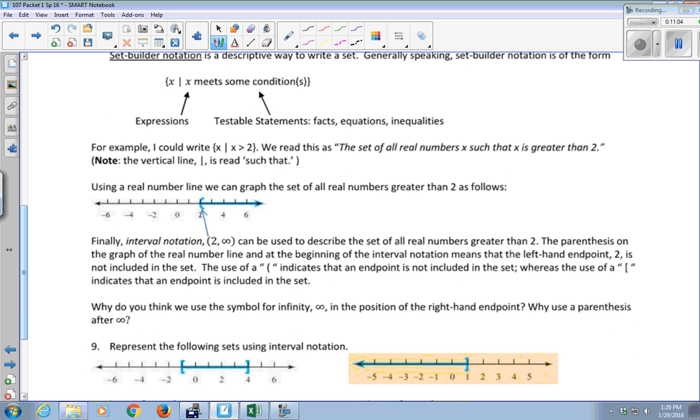So for example, I would read this set out loud as the set of all X's such that X is greater than 2. On a real number line, I would graph that by shading all the numbers that are bigger than 2. And I'm not including 2, it's strictly bigger than, and when you're not including 2, you put a round bracket on the number line. If I wanted to include 2, I would put a square bracket on the number line.